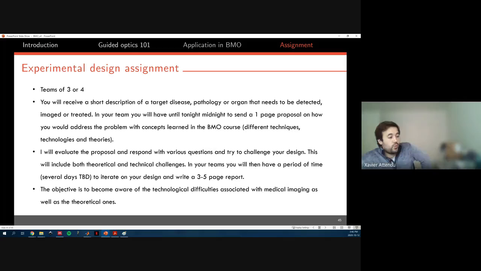So what's going to happen is you're going to receive a short description of a clinical problem. It's either a disease that needs to be detected or a disease treated or something like that.